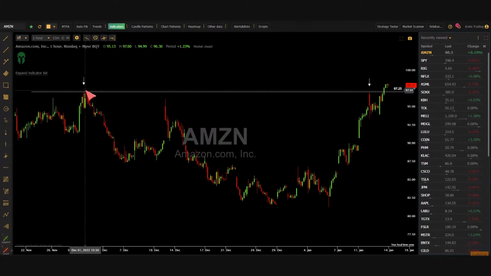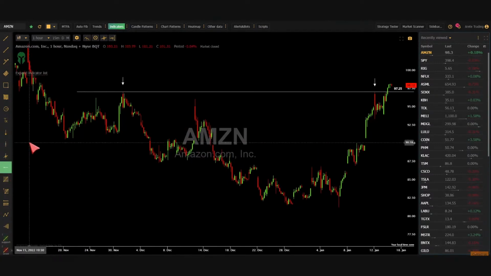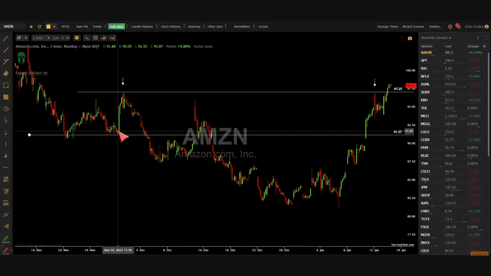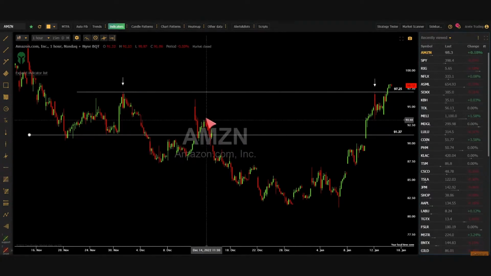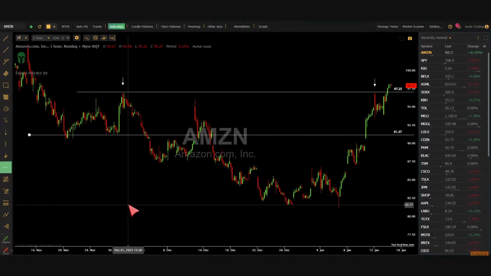So I'm looking at the potential to hit resistance, break, and then go to support. That's my plan. So if I look at that, I'm going to say, where could we possibly get to? If we reject here, we can possibly get to there. If we reject here, we can possibly get to here. And then you can just see how this continues and that you start to define new support and resistance levels.